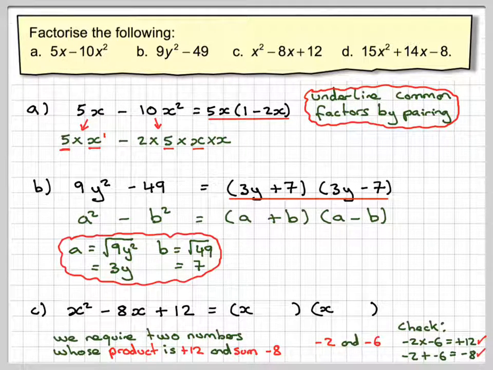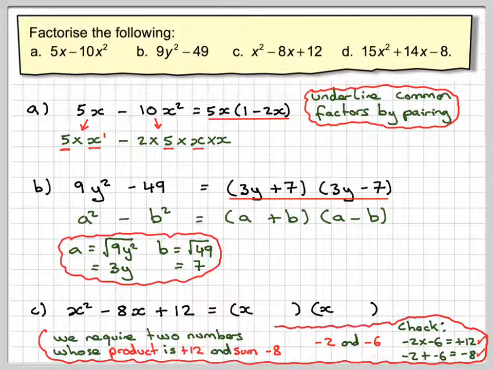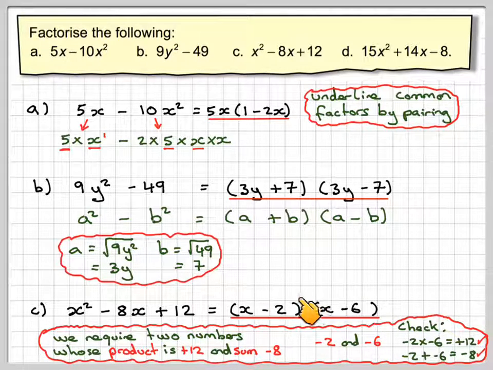The two numbers have to meet that criteria, product plus 12 and sum of minus 8 in this case. So all I need to do now is put the two numbers here and here with the correct signs, so that's going to be minus 2 and minus 6. Now these two brackets can be any way around. It could be x minus 6 times x minus 2, or as I have written it here.